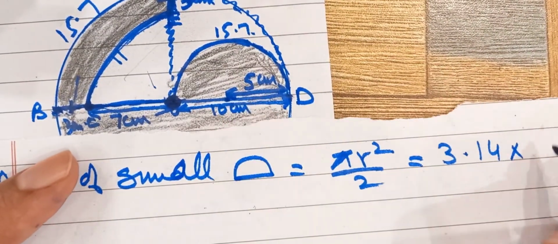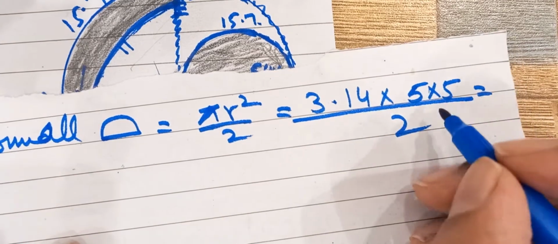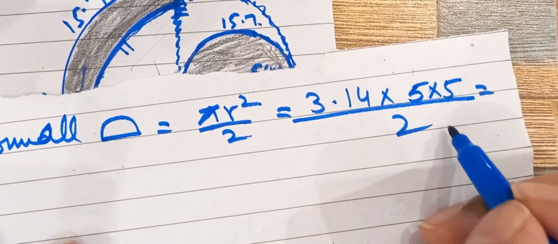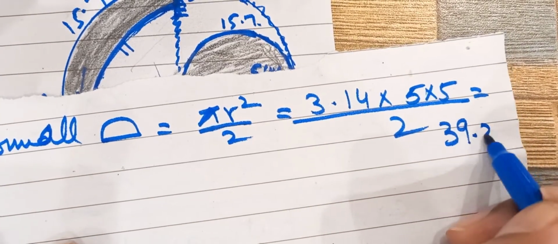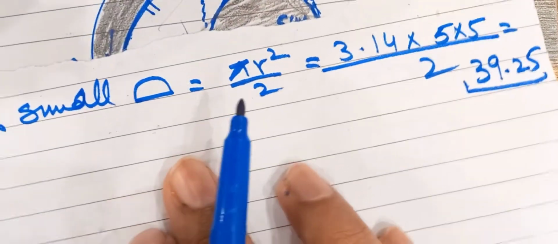Radius is 5, into 5 into 5 divided by 2 is equal to 39.25. This is the area of small semicircle.